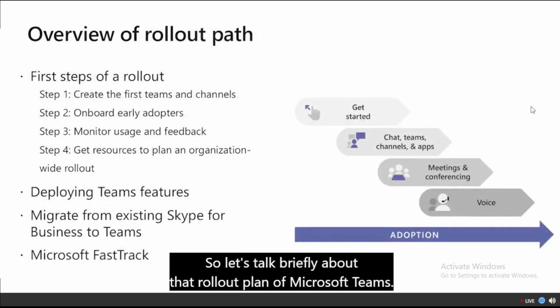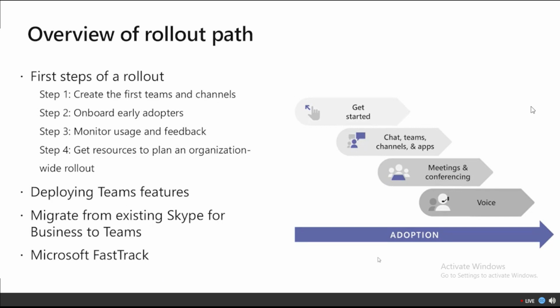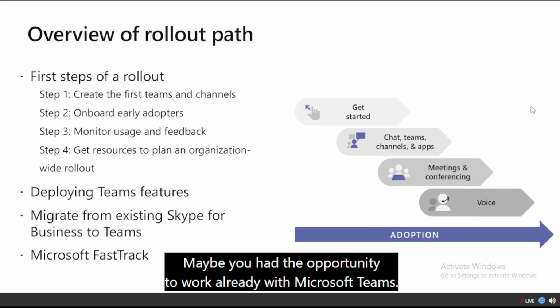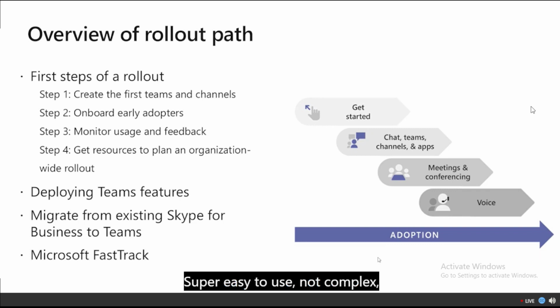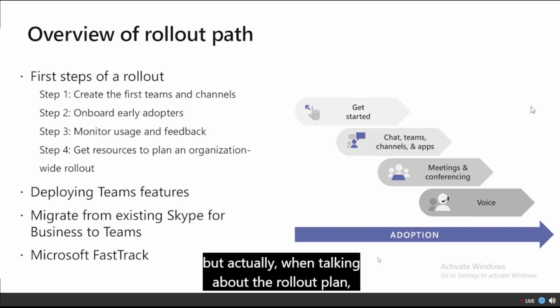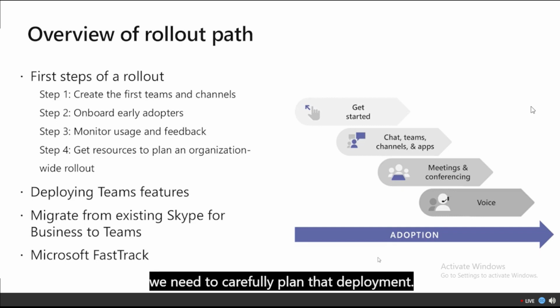So let's talk briefly about the rollout plan with Microsoft Teams. As you may have had the opportunity to see already, Microsoft Teams is super easy to use, not complex. But when we're talking about the rollout plan, we need to carefully plan the deployment. Usually it's a best practice to follow these first steps.